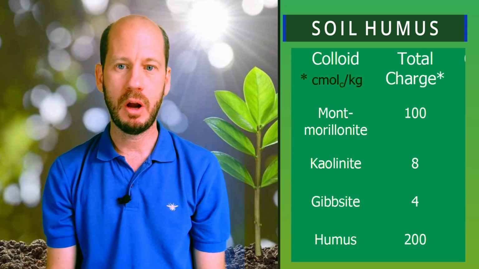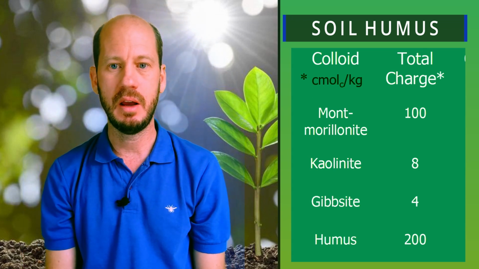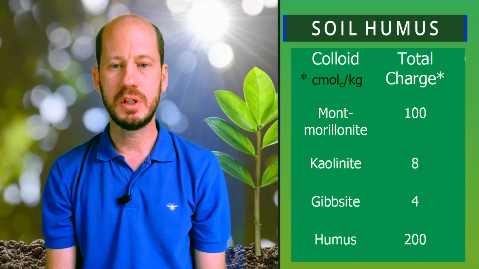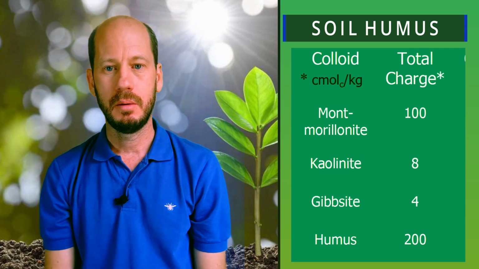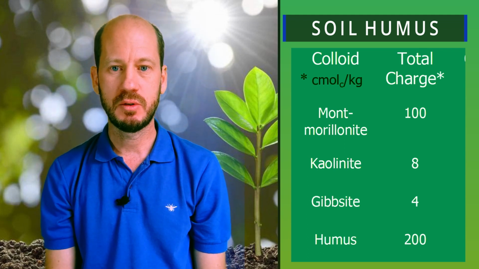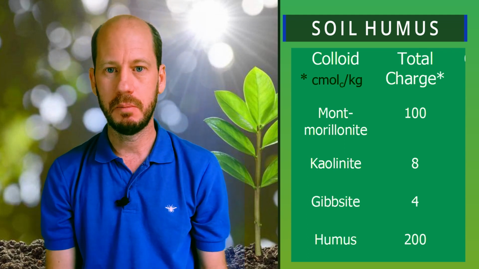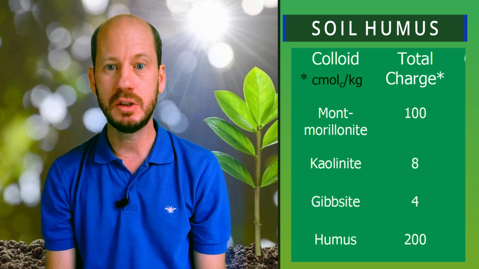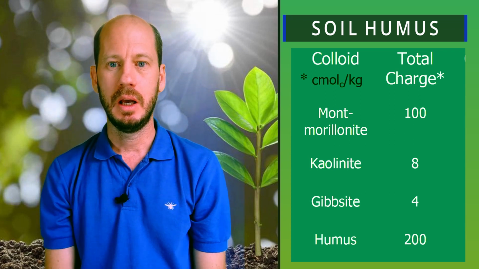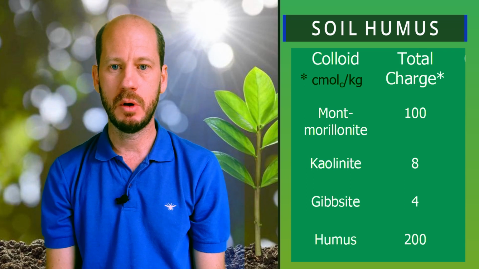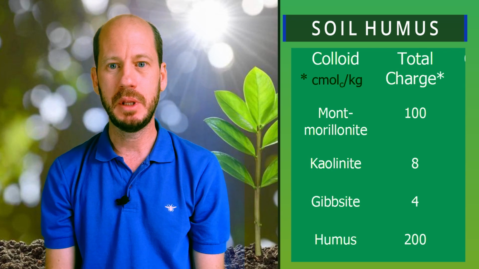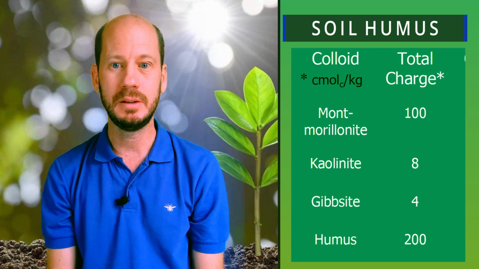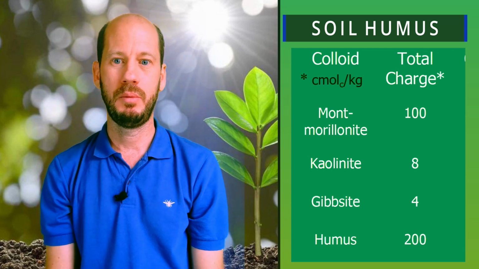In some clays, for example kaolinite, the total amount of charge is about 10 centimoles of charge per kilogram of soil, and in other clays you have up to 100, for example in montmorillonite, up to 100 centimoles of charge per kilogram of soil. But in organic matter you will have something between 200 and up to 800 centimoles of charge per kilogram of soil.